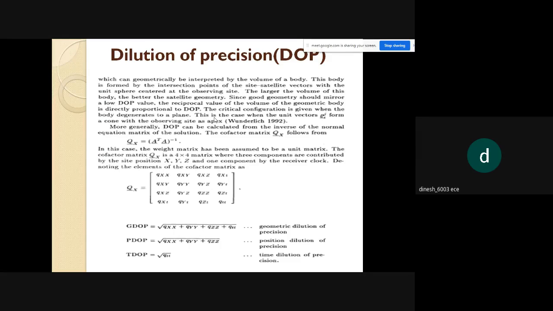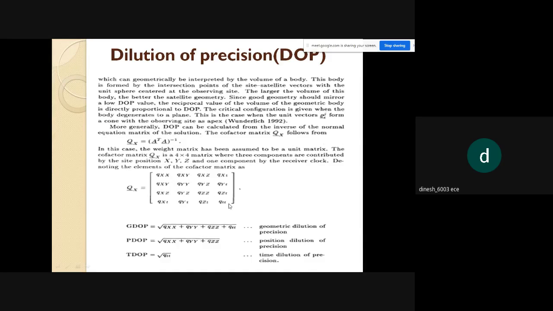From this we can find the geometric dilution of precision, which is GDOP, the square root of qxx plus qyy plus qzz plus qtt, which are all diagonals of the matrix.